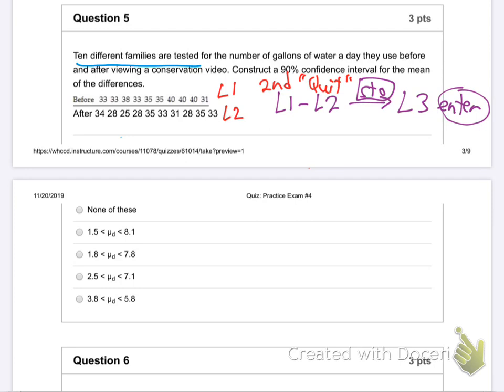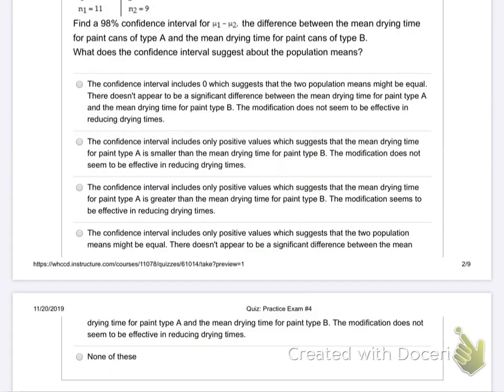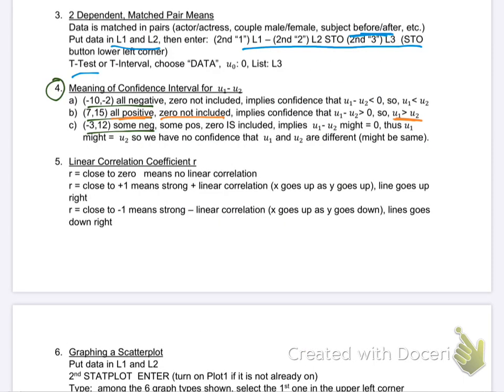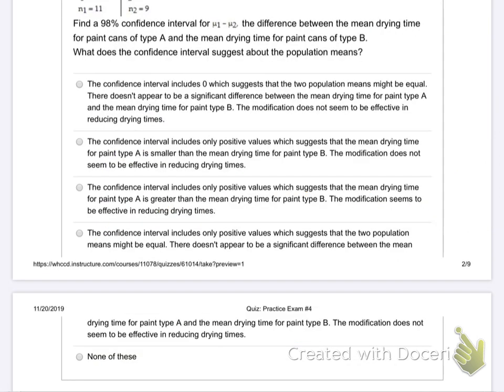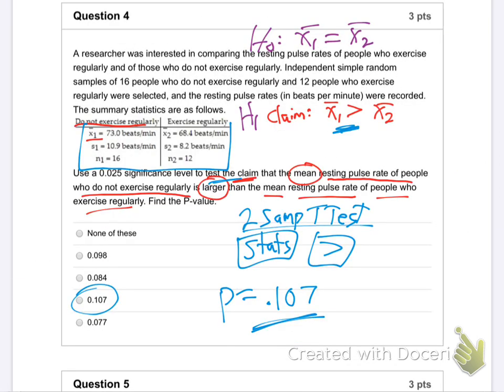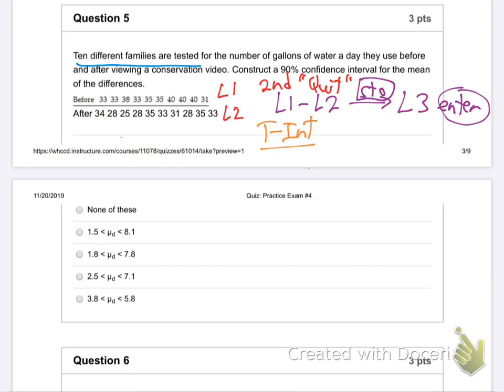And then you do t-interval. What it says over here on the exam 4 notes is it's either t-test or t-interval. In this case, we're doing a confidence interval. So we do t-interval, choose data, and we won't even have a mu 0.